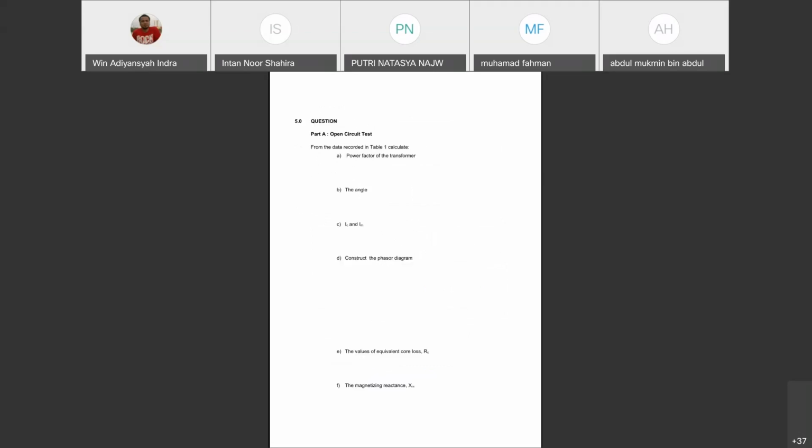Next, construct the phasor diagram. Just put the numbers. Exactly like the table just now. This is V1, this is V2, this is IC. Put the numbers because you already have the value of IC.